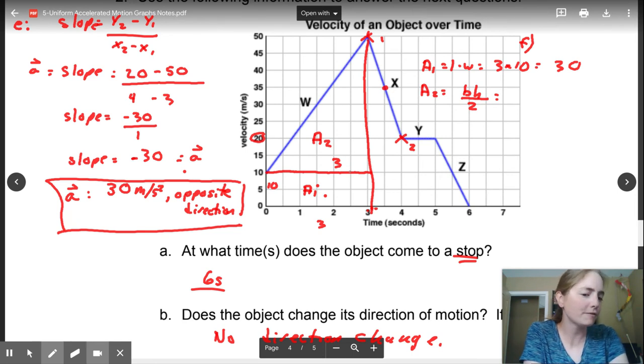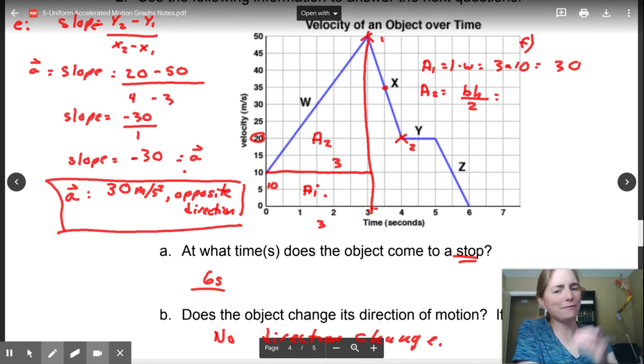Why is 50 wrong? Why is 50 not the height of this triangle? Because it's not starting at 0. Here, this triangle shape starts at 10 and goes to 50. So that means the height of the triangle is 40.